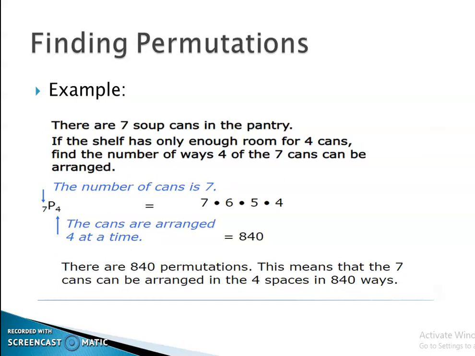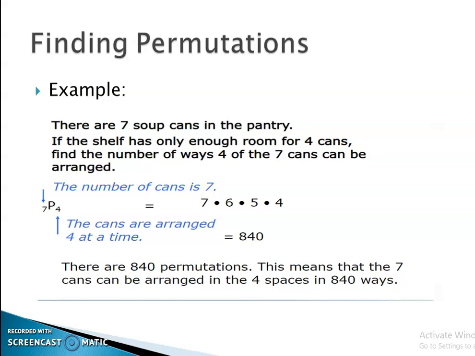In this example, there are 7 soup cans in the pantry. If the shelf has only enough room for 4 cans, find the number of ways 4 of the 7 cans can be arranged. In the previous example, we took 7 cans at a time, so we used 7 factorial, but here we select 4 out of 7, so the number of permutations 7P4 is equal to 7 factorial over 7 minus 4 factorial, which is equal to 7 times 6 times 5 times 4.